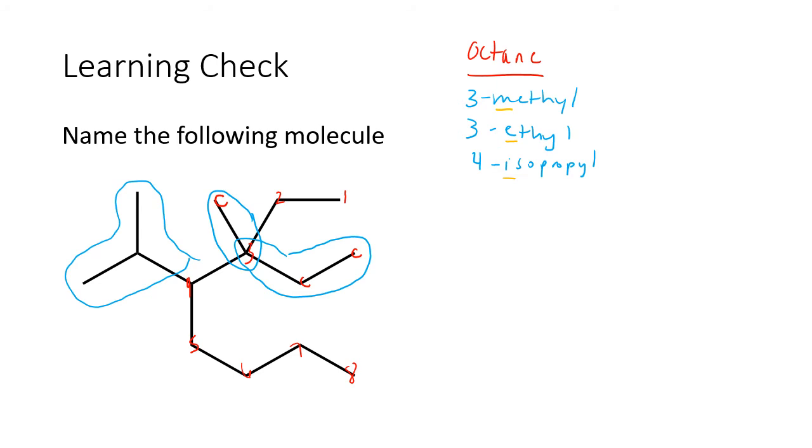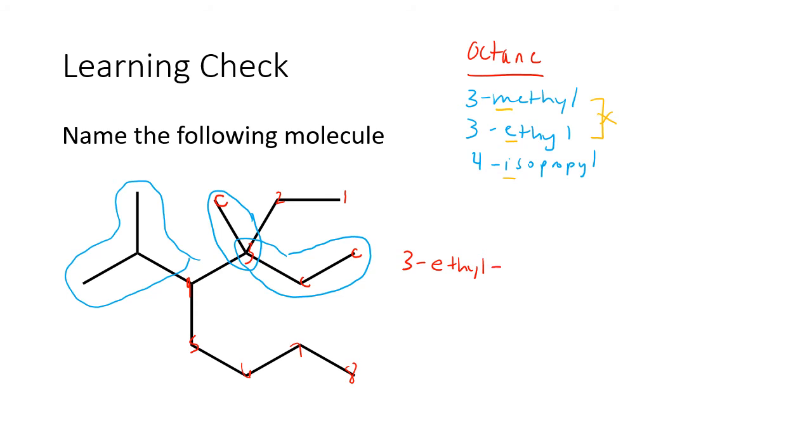Now, we used to combine multiple methyls, or you could combine multiple ethyls, but you can't combine methyl and ethyl. Those are different substituents. Just because they're at position 3, there's nothing we can combine there. So putting the whole name together now, we're going to start and list ethyl first because that's the lowest alphabetically. So 3-ethyl, and then we're going to have a hyphen to separate our next number.